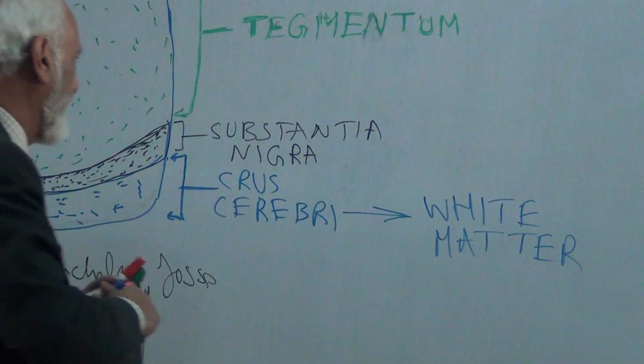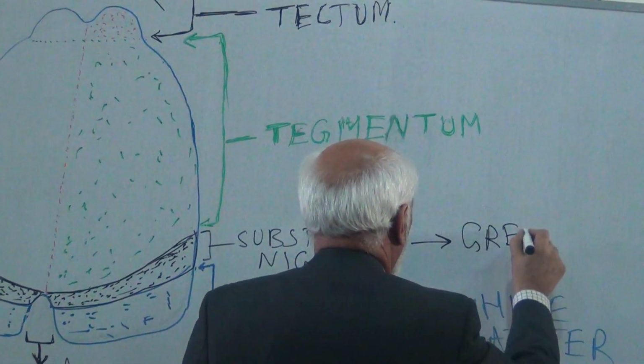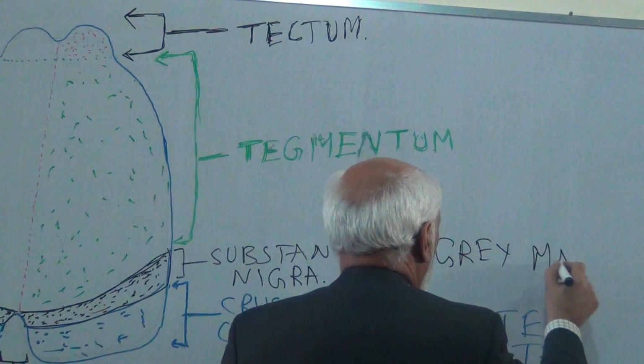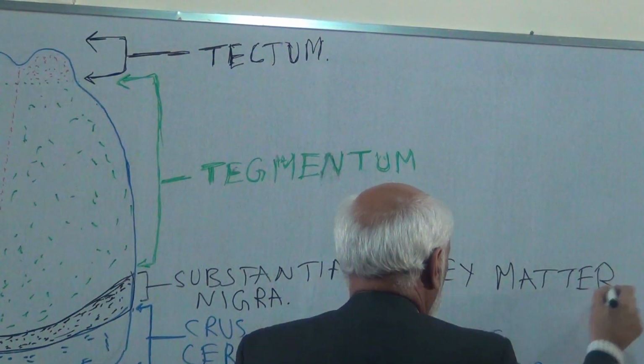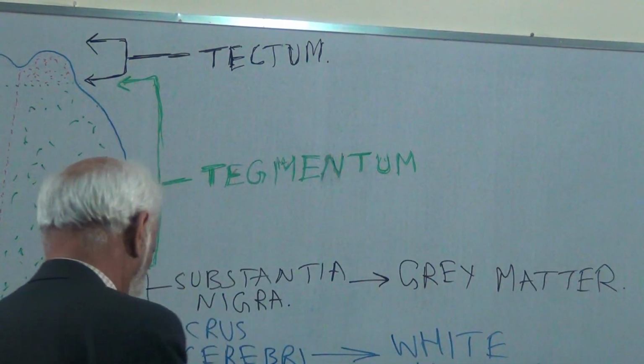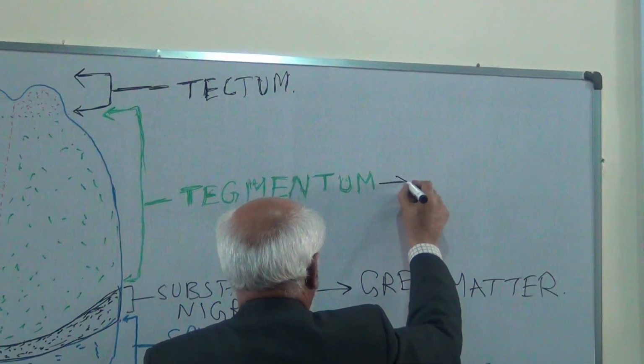Substantia nigra is gray matter. Tegmentum is a mixture of gray and white matter.